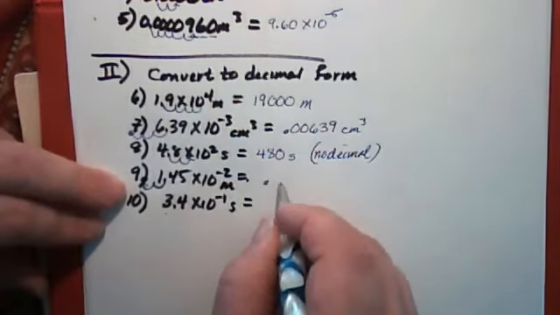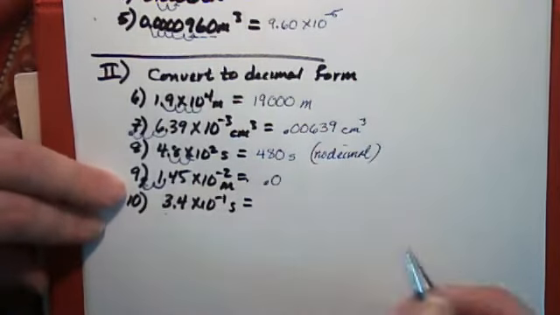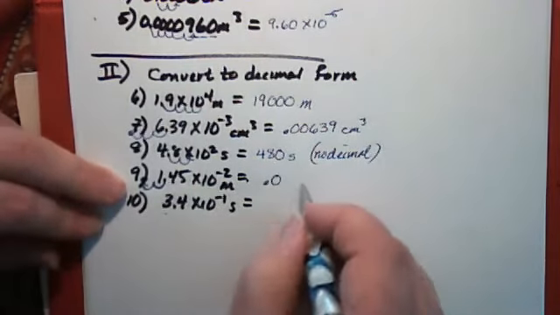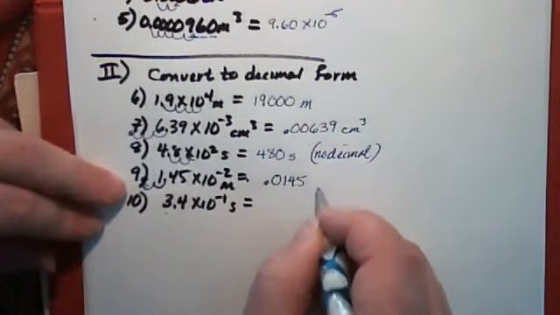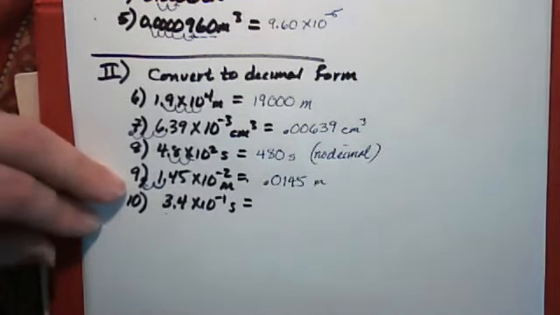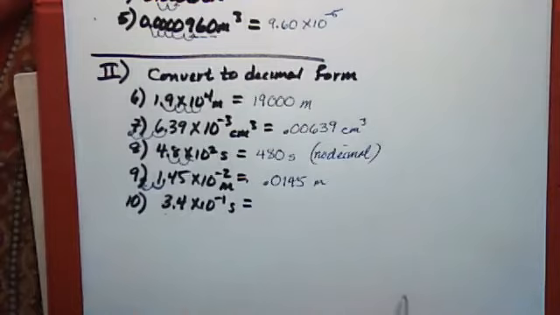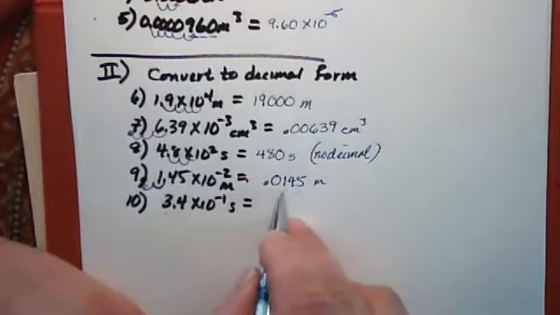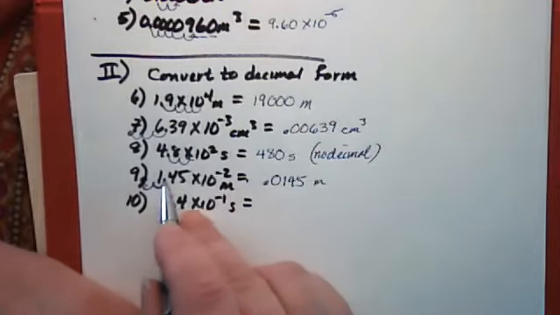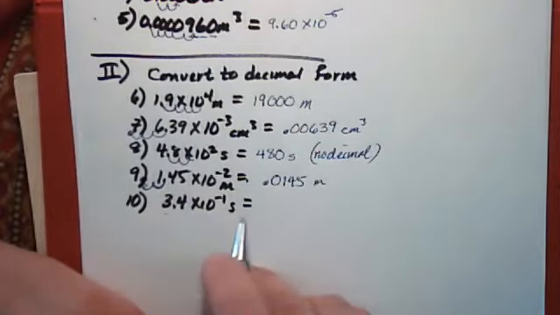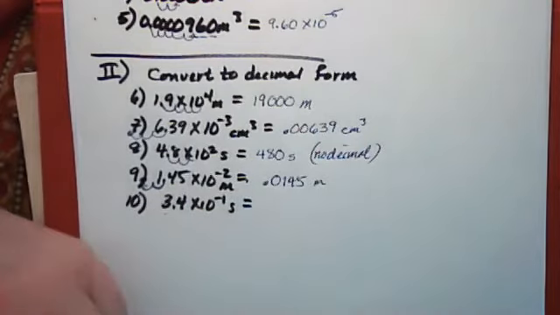And so we end up with point. There's an empty space, so you fill that in with a 0. And then 145. And don't forget the unit. Again, this number has 3 significant figures because the 0 at the beginning doesn't count. The original number had 3 significant figures, and so that remains the same. That's a good sign.